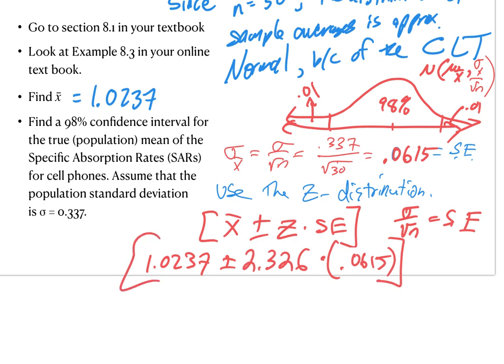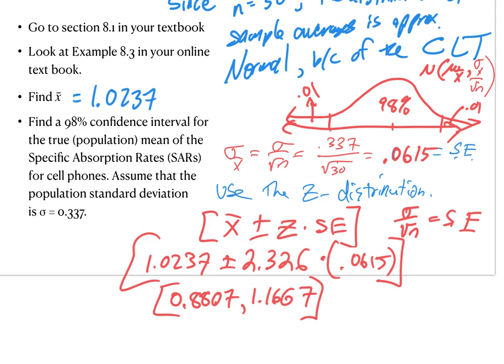So you get to that place, and then you do 1.0237 plus those things multiplied, and then 1.0237 minus those two. If you've not done that, go ahead and calculate those out now. So then I get those two values. Hopefully someone else is calculating it and got the same number. If not, then either you made a mistake or they made a mistake.